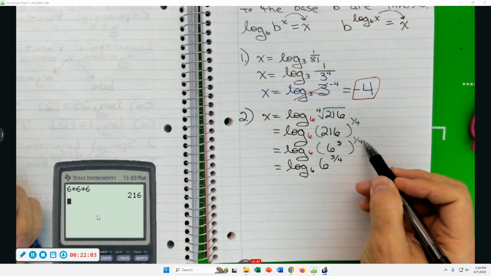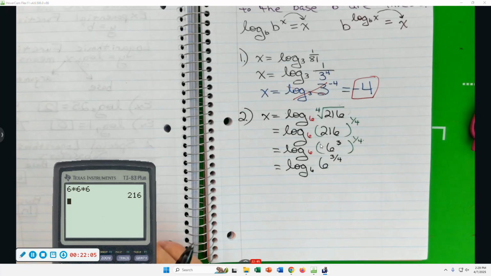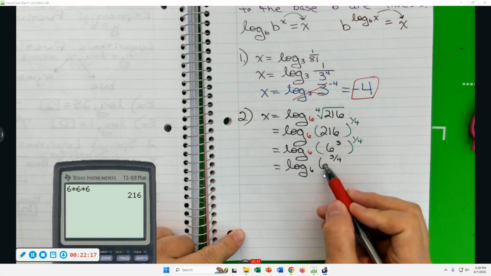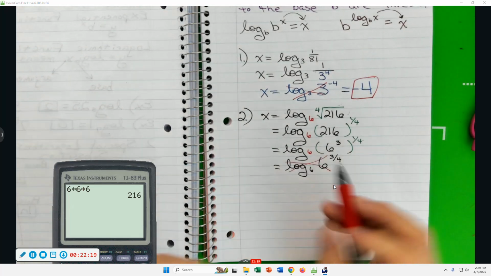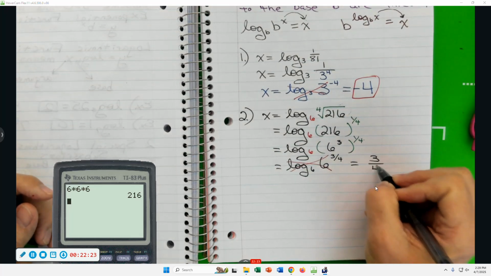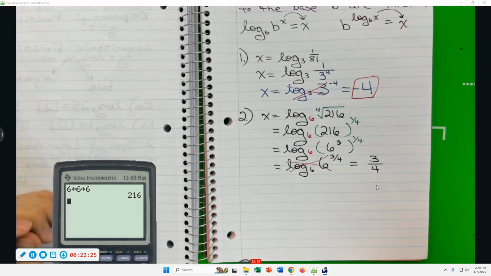I think we're through with the problem. What can I do? Cancel out the logarithm to the base 6 and the exponential to the base 6, which gives a final answer of just 3/4.